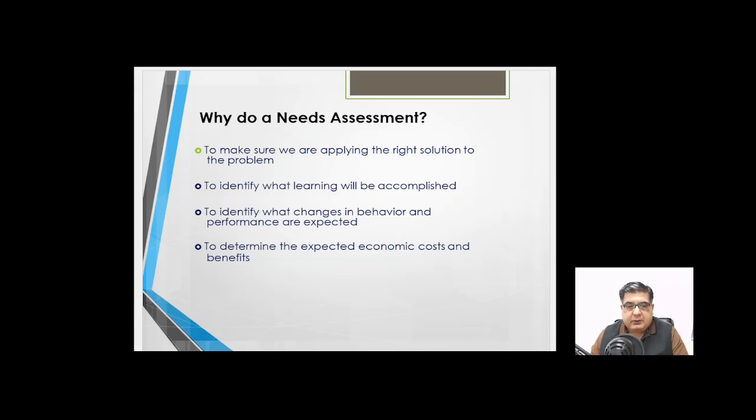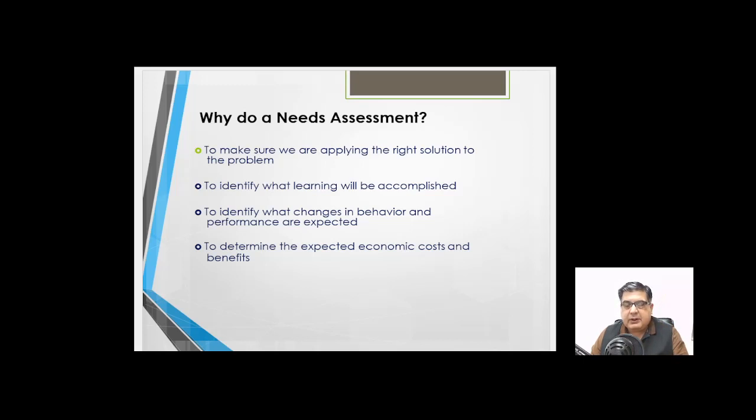Next is to identify what changes in the behavior and performances are expected. Obviously, we want ultimate changes, ultimate performance improvement, behavior improvement. So, choosing the right solution is really important. And this all remains under the umbrella of need assessment.